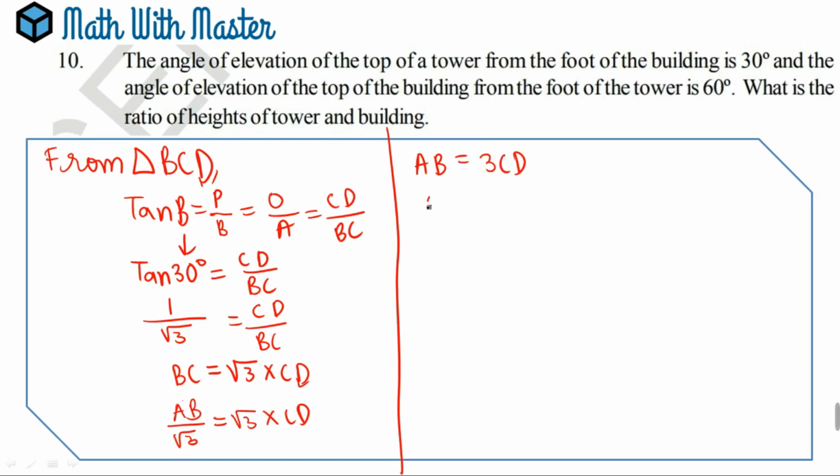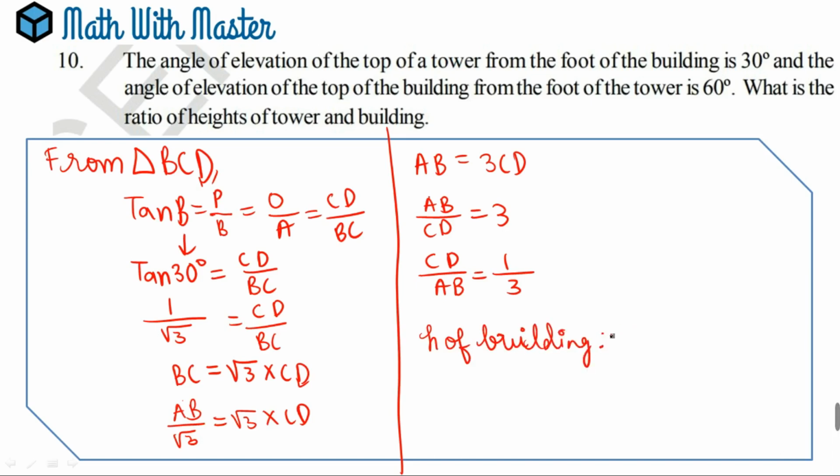So AB upon CD is equals to 3, and then CD upon AB is equals to 1 upon 3. So we can say the height of building is to height of tower is 1:3. This is your final answer.